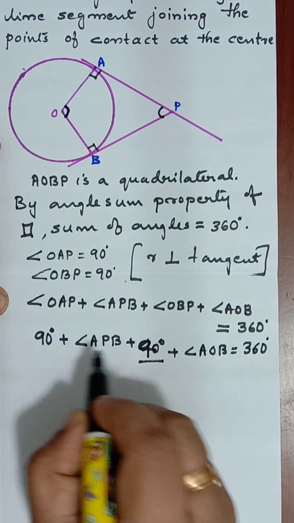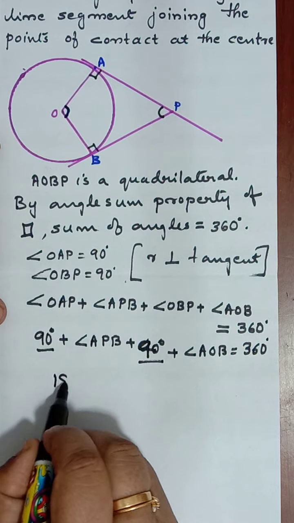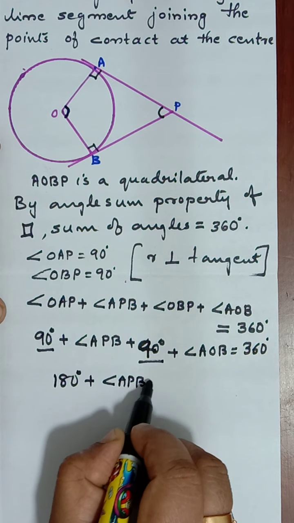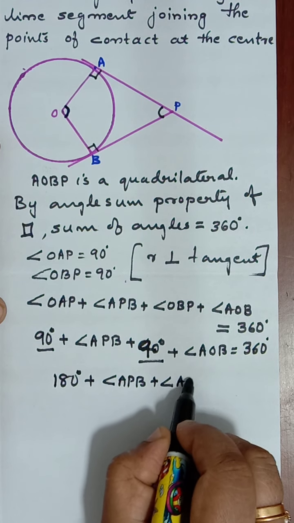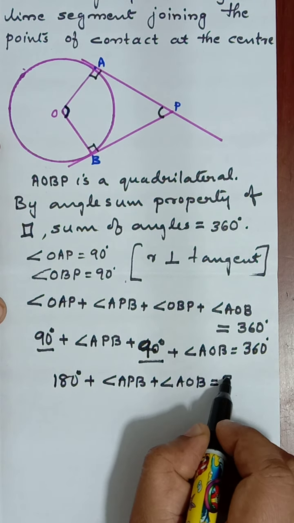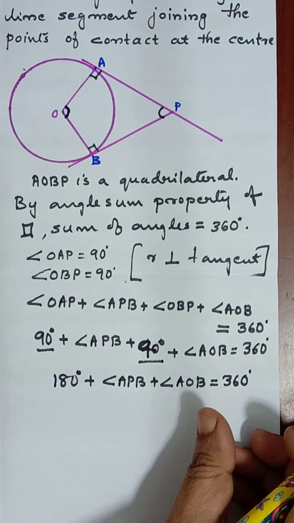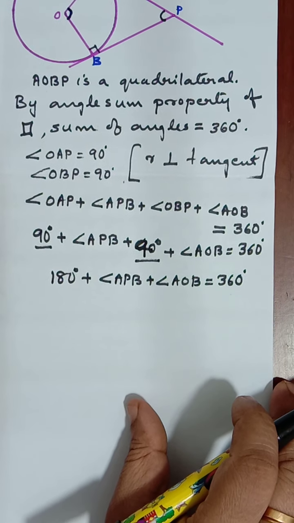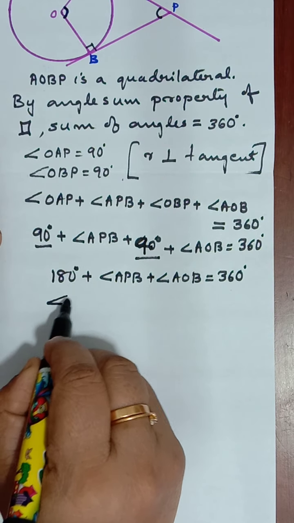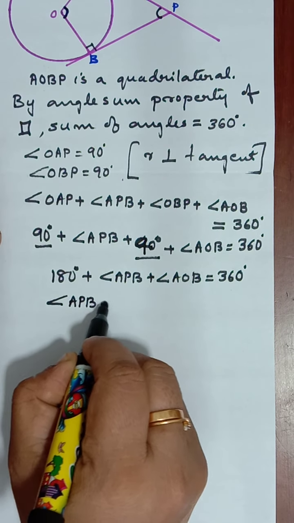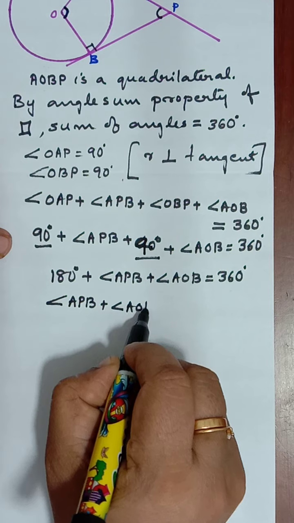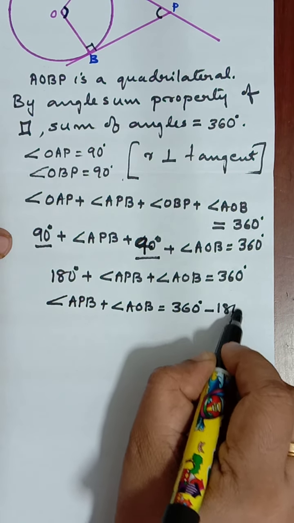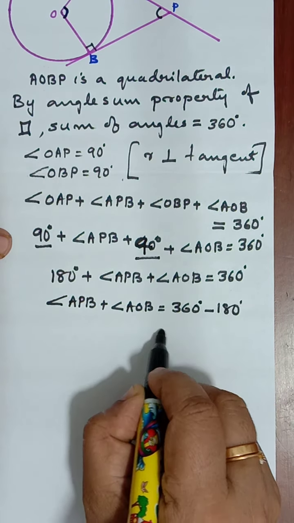Taking these two together, we get 180 plus APB plus angle AOB equal to 360 degree. This 180 we transfer to the other side. It becomes angle APB plus angle AOB equal to 360 minus 180, which is equal to 180.